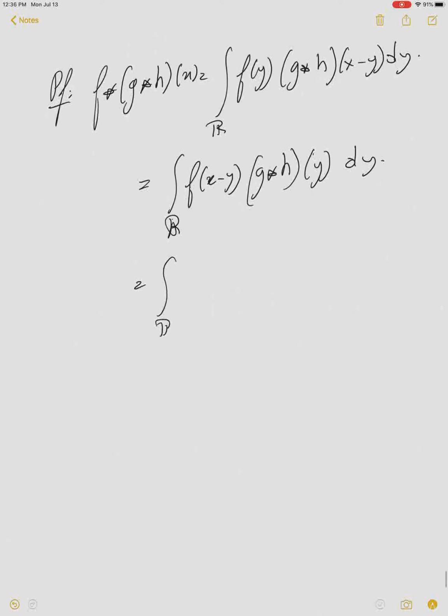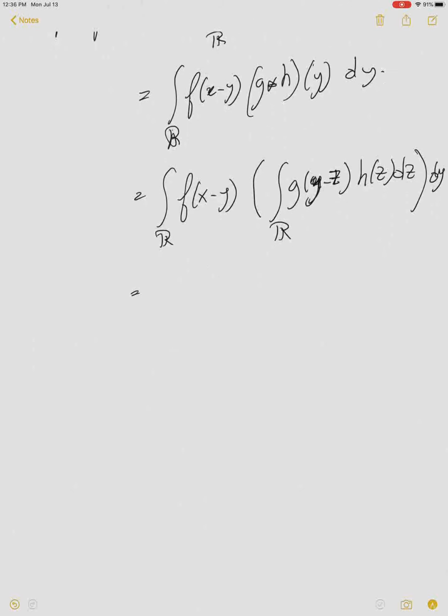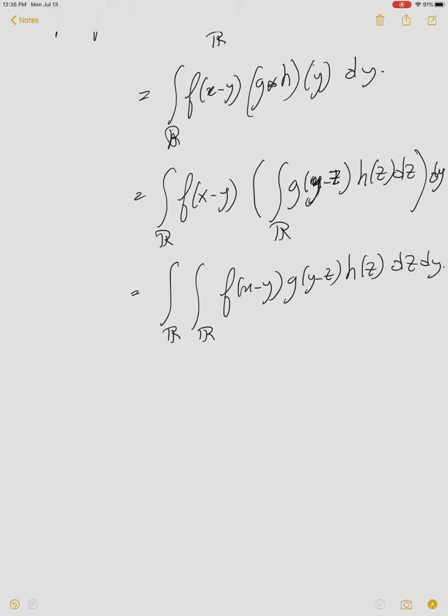And now this is equal to the integral over R of f of x minus y times, now g convolved with h is the integral over R of g of y minus z, h of z, dz, and this is dy. So this will be equal to the integral over R of f of x minus y, g of y minus z, h of z, dz dy.